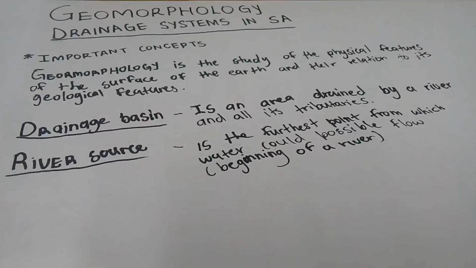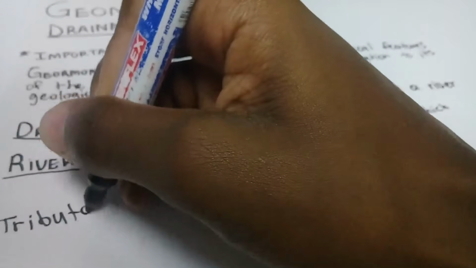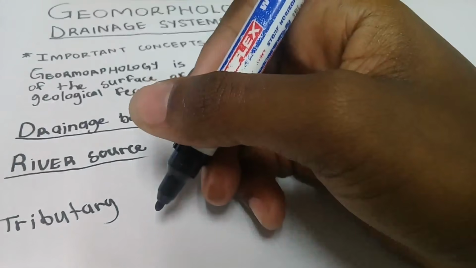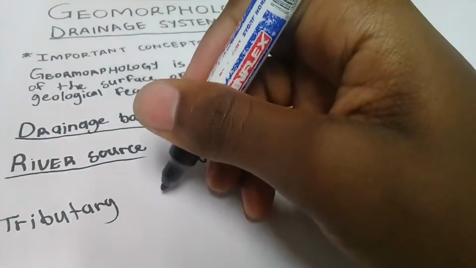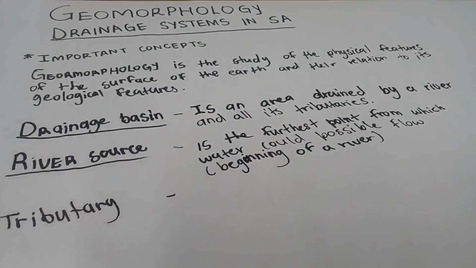So we have a tributary. A tributary is a stream, or I can say a river, that flows into a main river.